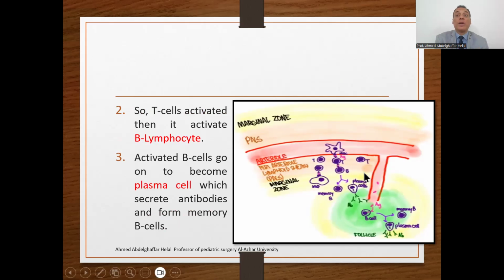After that, the B lymphocyte will be activated and divided into two important parts: plasma cells, which will produce antibodies for this virus or bacteria, and also memory B cells for the second infection to speed up the response the second time, so it does not need to go through all this process again. So you can imagine the virus passing through the blood, the splenic artery, and the small vessels passing through the white pulp.